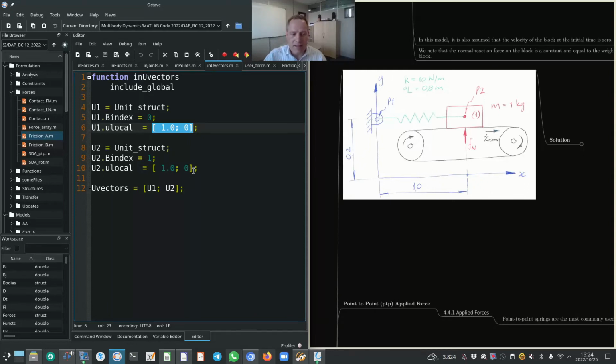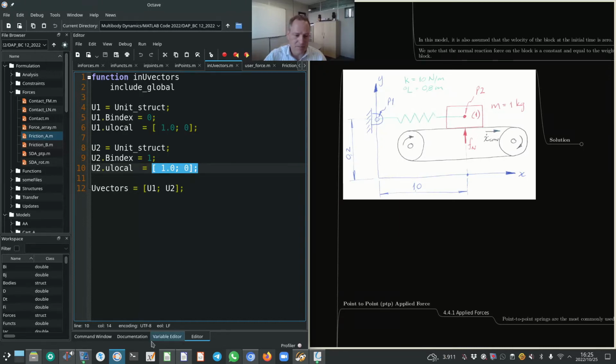Similarly, U2 is on body 1, and its local components are 1 in the local Cassini axis. Remember, we've defined the local Cassini axis of body 1 to be parallel to the x-axis, so it makes sense that this U vector has a local component in the Cassini direction of 1 and in the eta direction of 0. Once again, you must ensure that this unit vector has a magnitude of 1, which for this case it is also true.